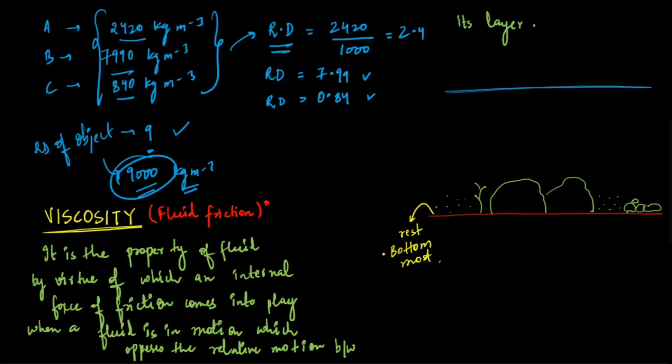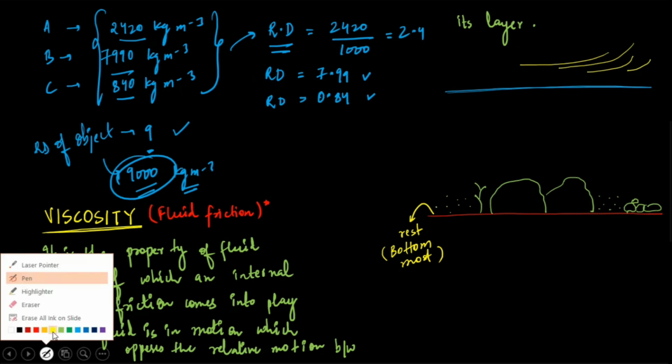Why can we say that the bottommost layer is completely at rest? Because the sea bed is at rest. So what happens here is, at the surface there is a breeze, and that breeze just pulls off the water. But at the bottom there is nothing.